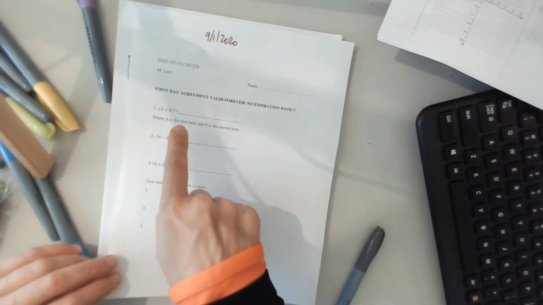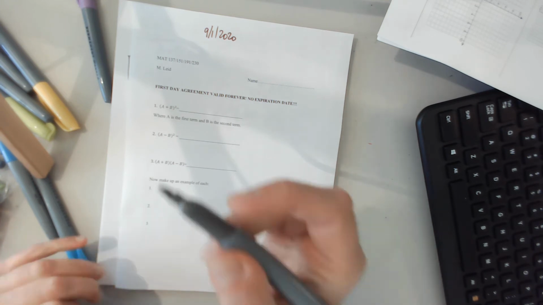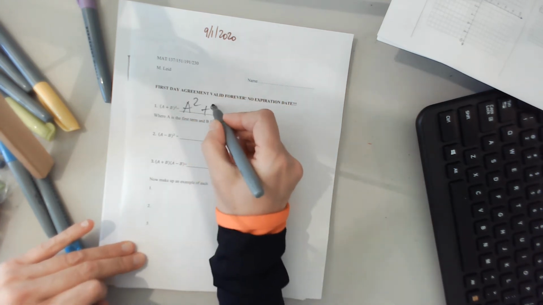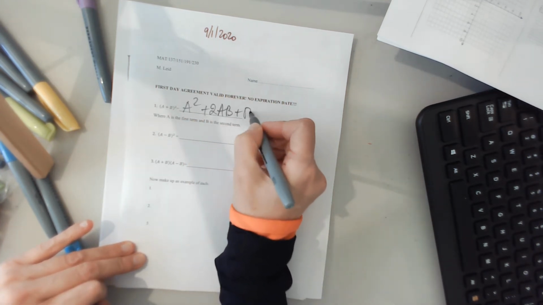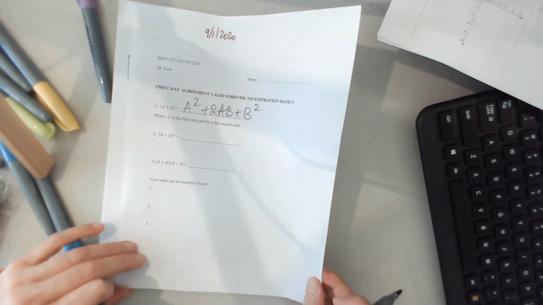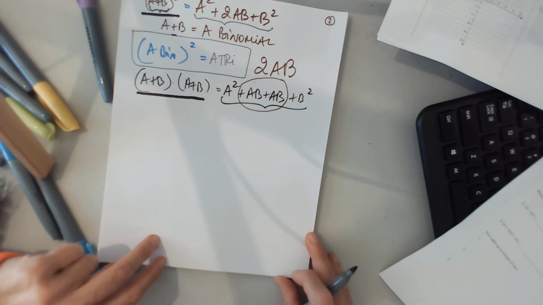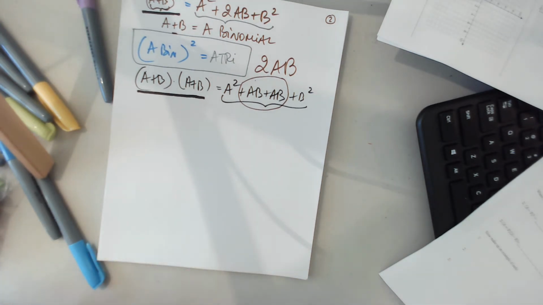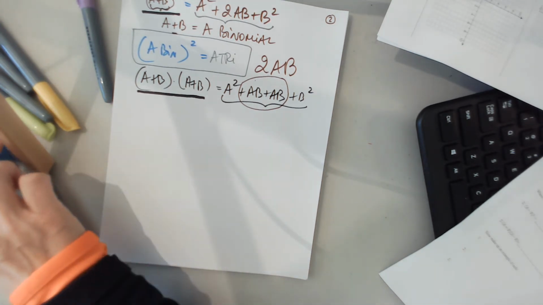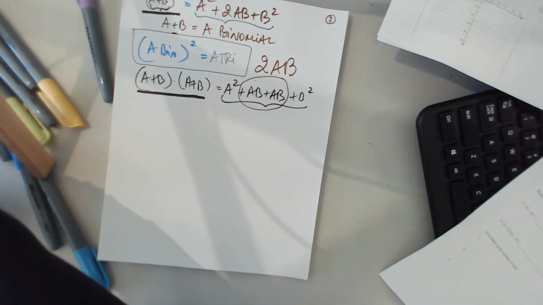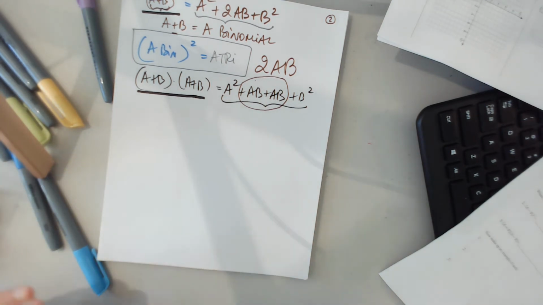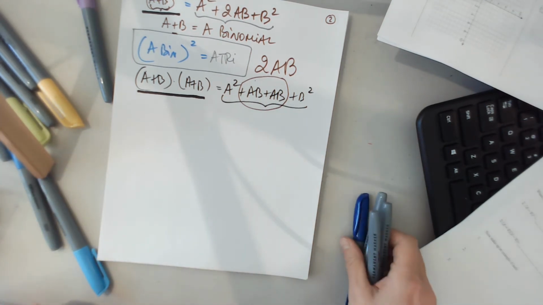So in our first day agreement, we will remember this moving forward. Why is this so important? It's because we don't want to FOIL moving forward. We want to refresh our memory on factoring and other things. And factoring is based on understanding this formula or special product.